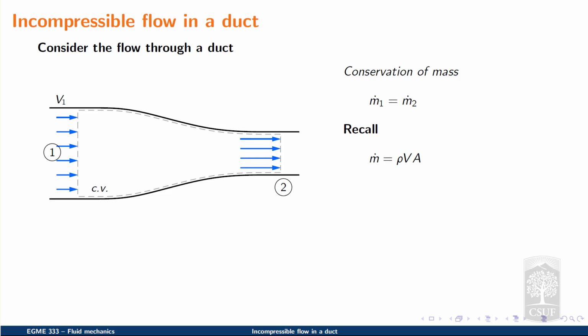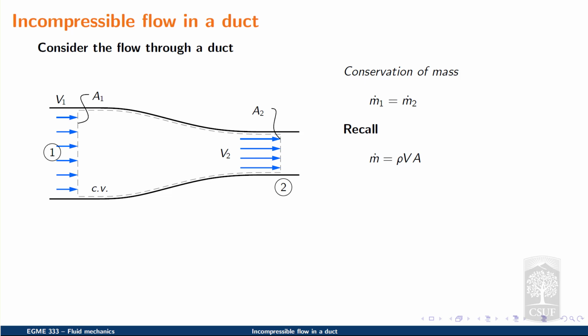Note that at point 1, we have a velocity v sub 1. At point 2, there's a corresponding velocity v sub 2. Similarly, at point 1, we have a cross-sectional area of A sub 1, and at point 2 the cross-sectional area is given by A sub 2.